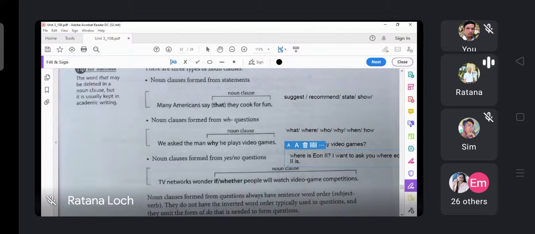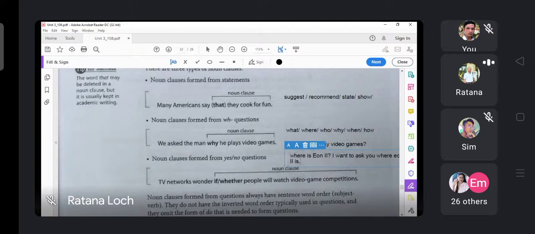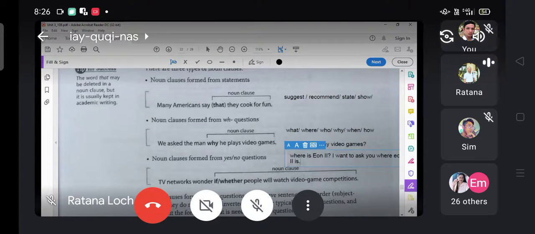Everyone understands, right? I think that you understand because all of you passed ENG108, right? Because you studied about the clauses, about adverb clauses, noun clauses, and relative adjective clauses.